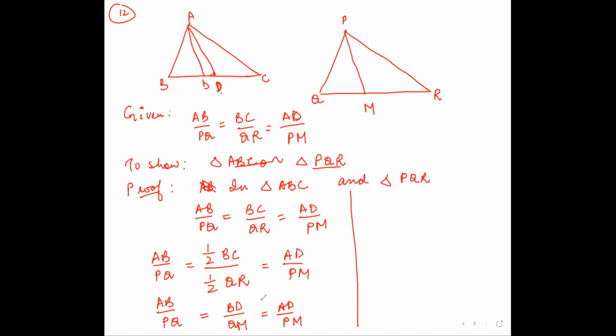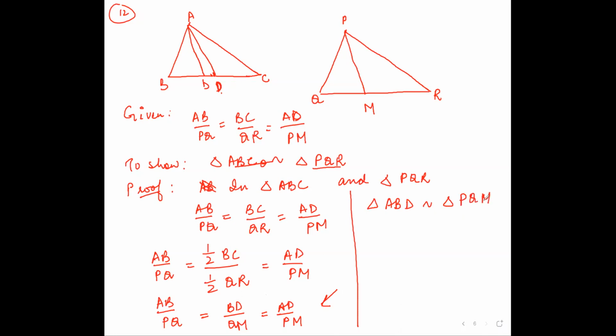What can I conclude from here, Hamna? If this proportionality is fulfilled, which triangles are coming out to be similar from here? Tell me. Ma'am, triangle ABD is similar to triangle PQM. PQM, yes. That's fine, Rida?